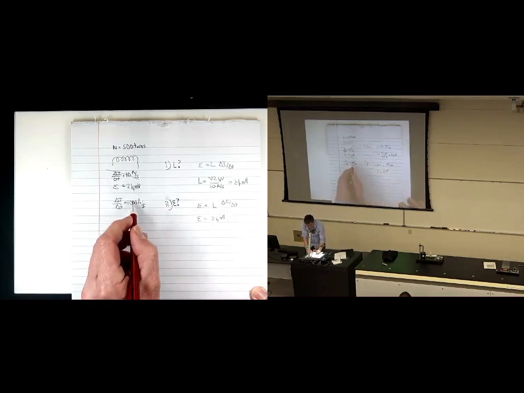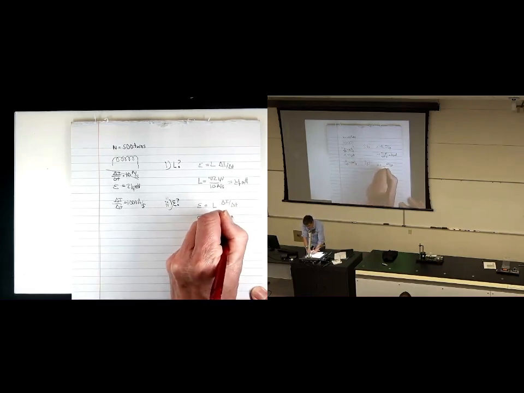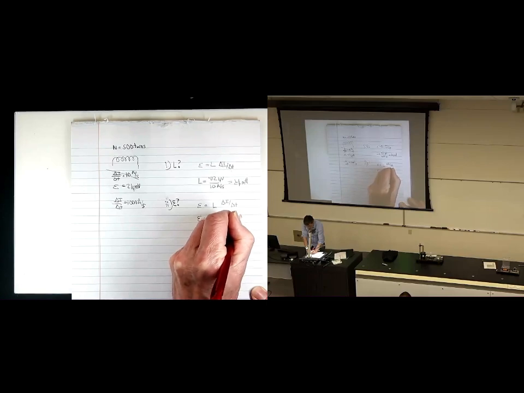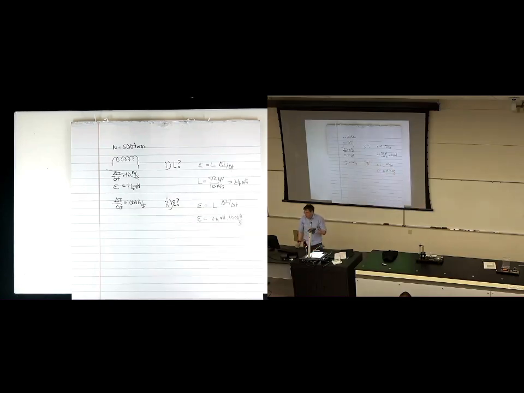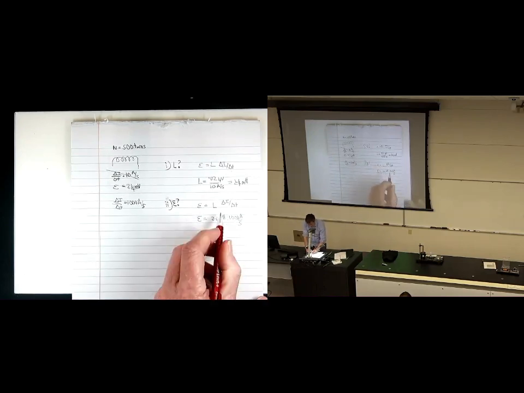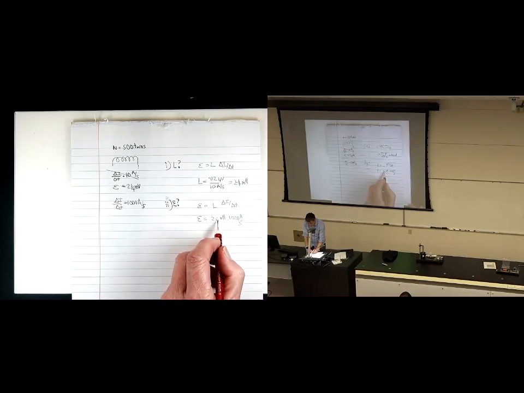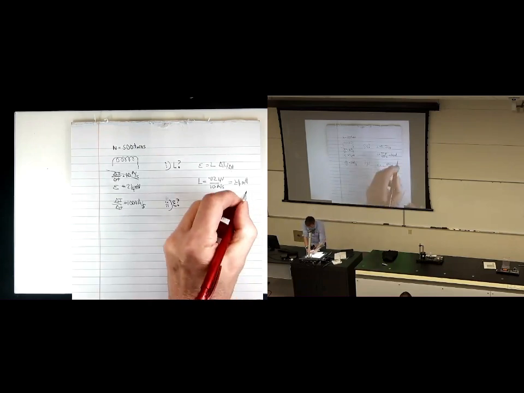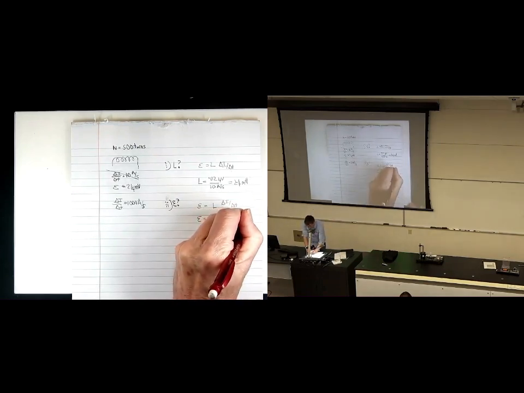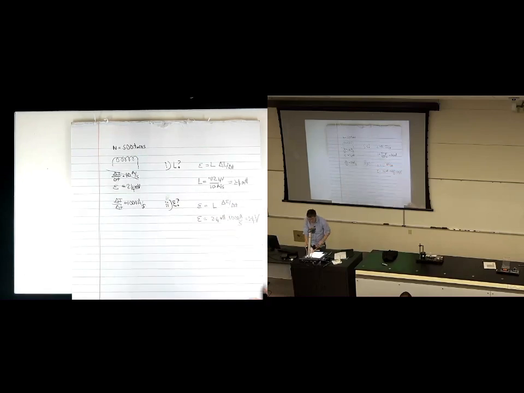We know the rate of change of the current is now 1,000 amps per second. So we've got 2.4 times 10 to the minus 3 times 1,000. That gives 2.4 volts. And so that's the new voltage with this new change in current.